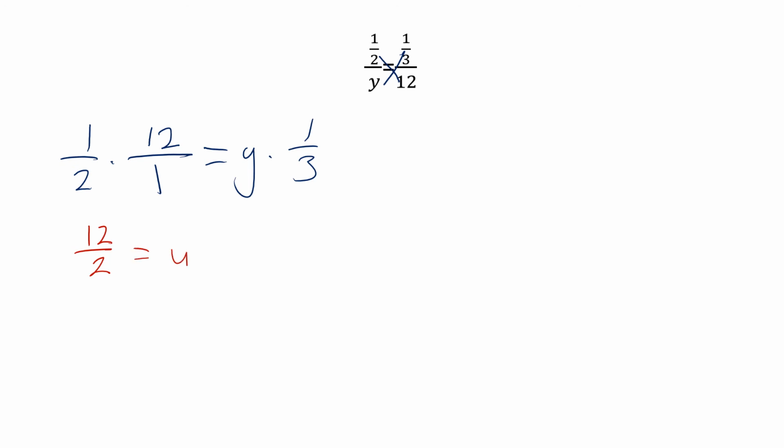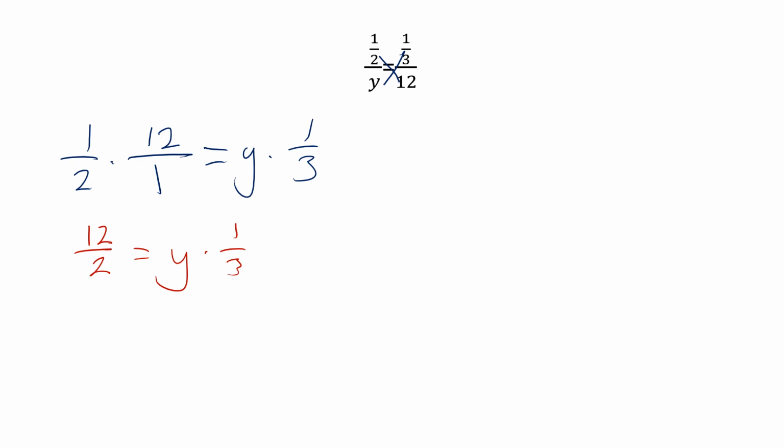So we'll have 1/2 times 12. Remember, we write a whole number over 1 to make a fraction, equals y times 1/3. And then we will complete our multiplication. 1/2 times 12 over 1 gives us 12 over 2 equals y times 1/3.